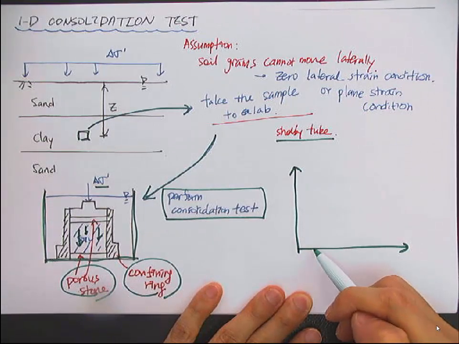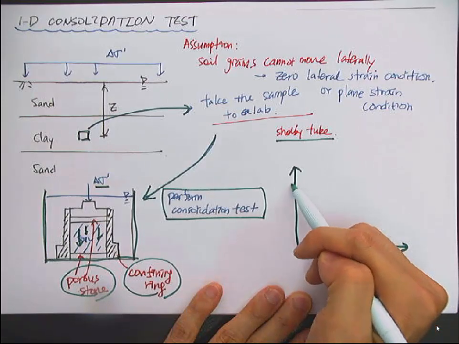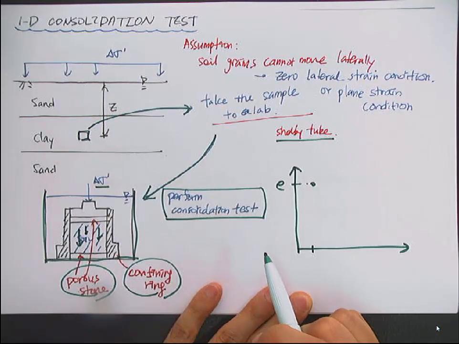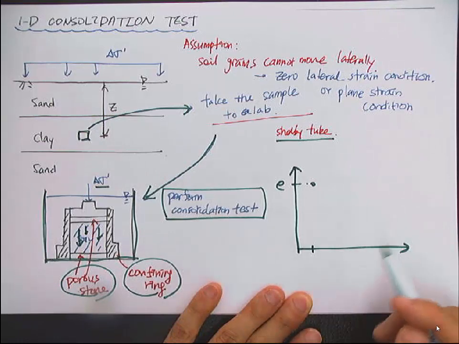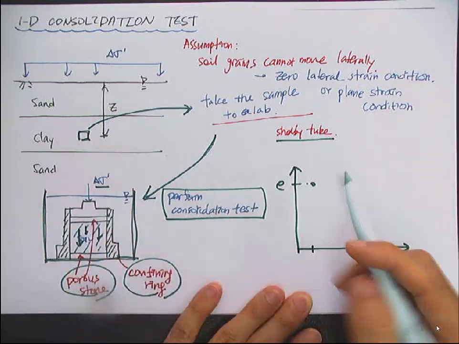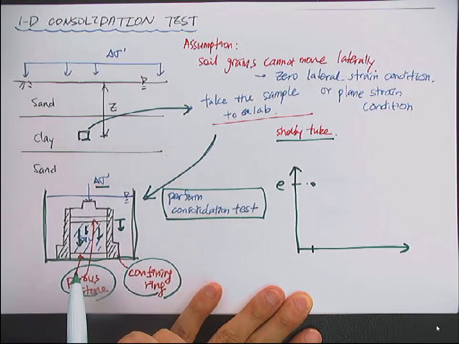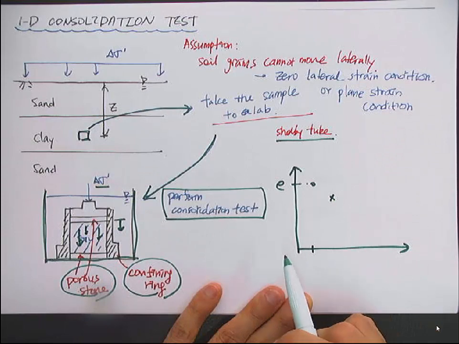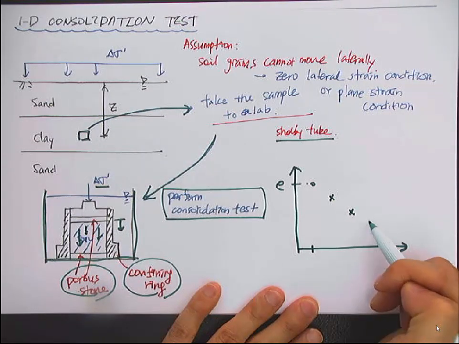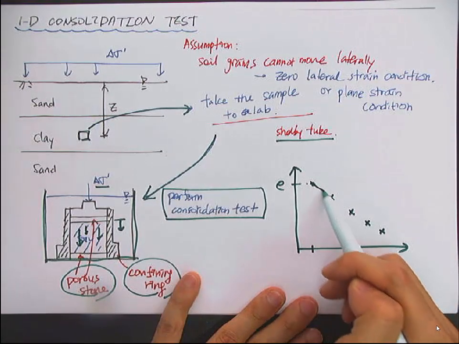First you apply a certain amount of stress, step loading 1, and then there will be a void ratio corresponding to that stress amount. Then you increase the stress. Because of the additional stress, the height will decrease, which means you have a decrease in void ratio. So we have another point, and you repeat the loading for about 6 steps, then you get the curve.